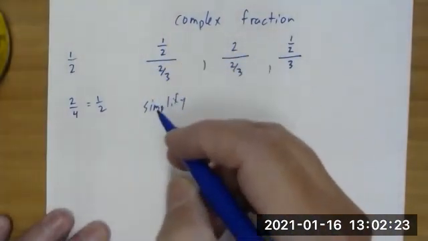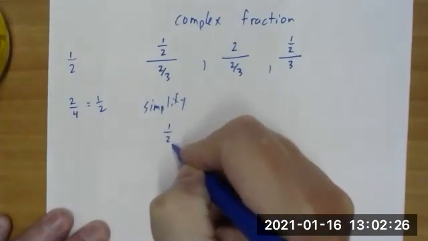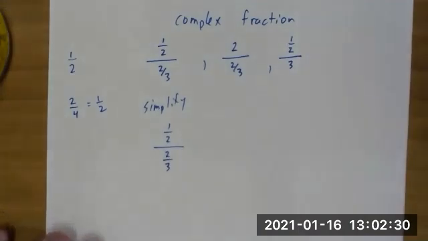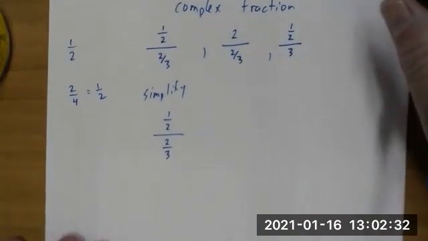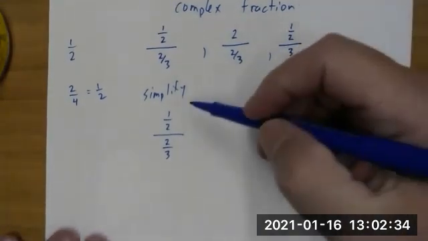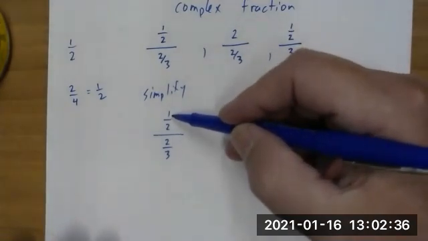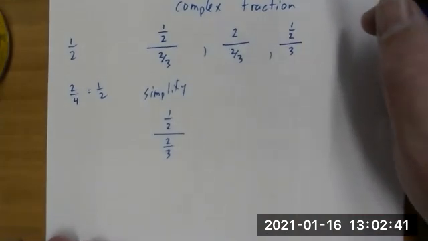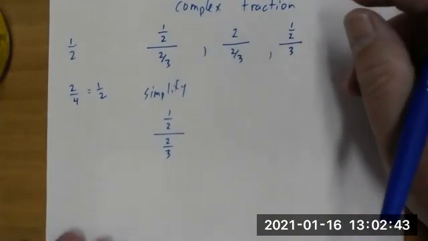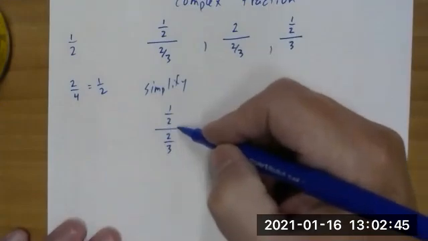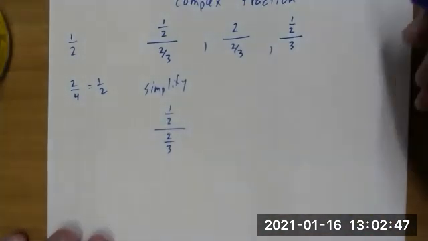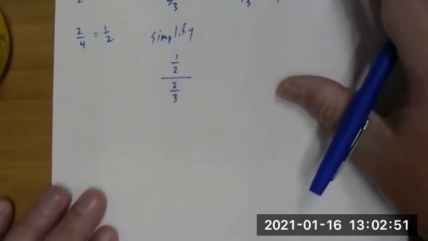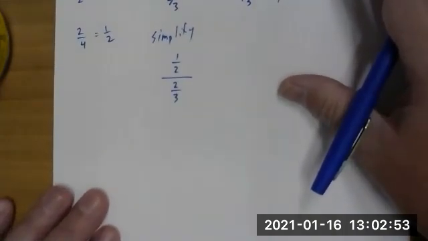Let's take the first one. 1/2 over 2/3. The whole key, let me show you the theory behind how we simplify this, and then we'll talk about how to do it as sort of a shortcut. So the whole key is to realize that a fraction can be rewritten as division, right?